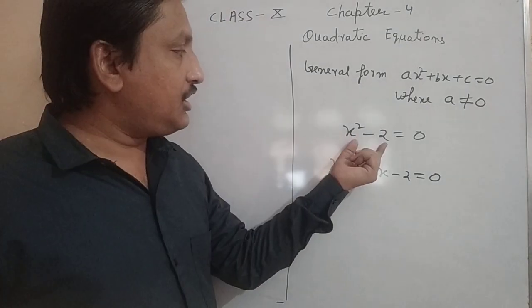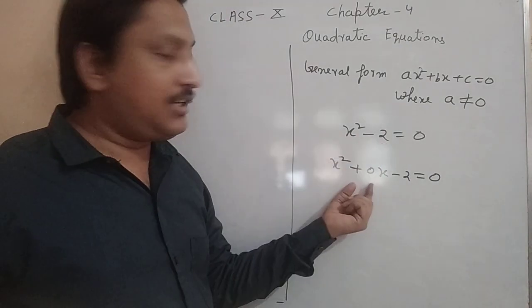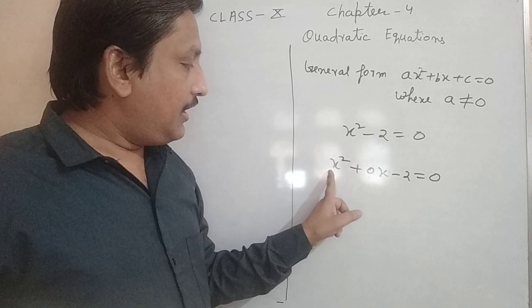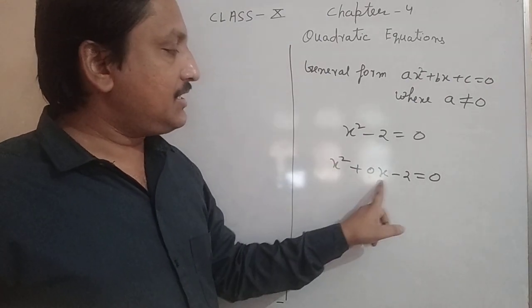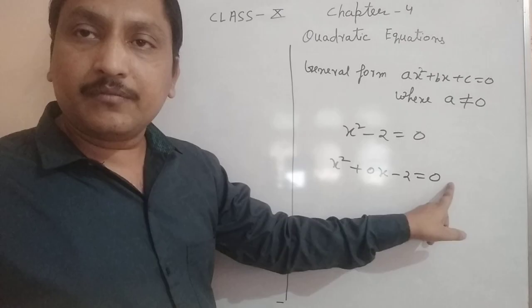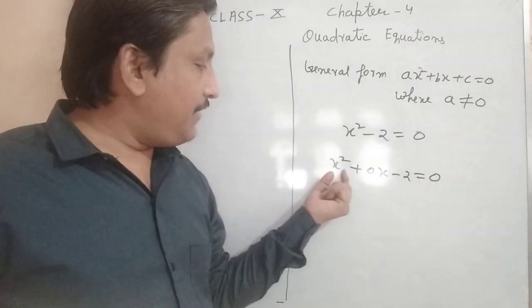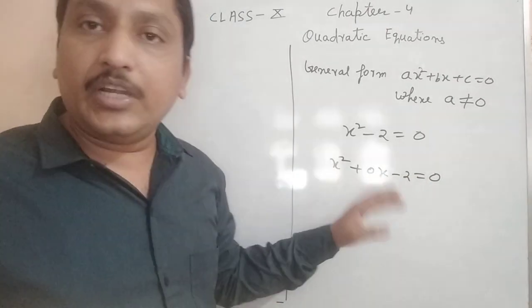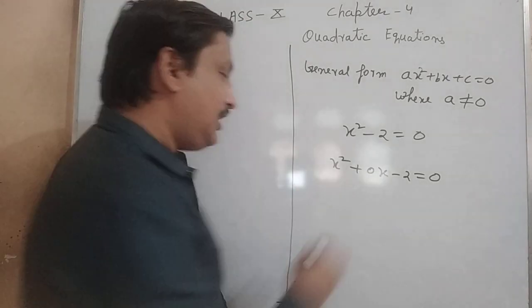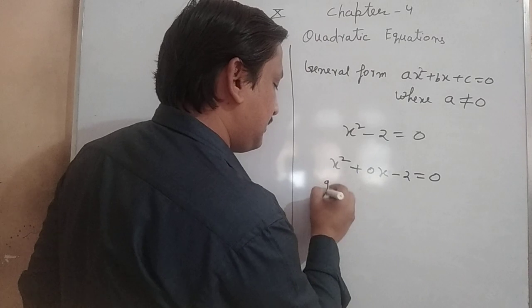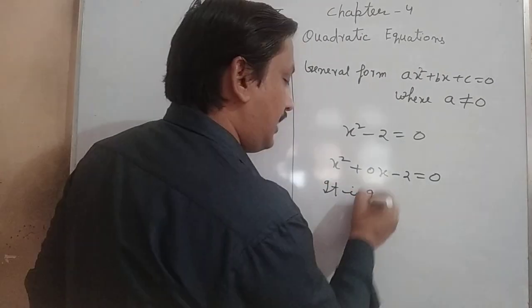So we write this equation in the standard form. Now it is in the form of ax square plus bx plus c equals to 0. So it has a degree 2, so it is a quadratic equation. Clear?